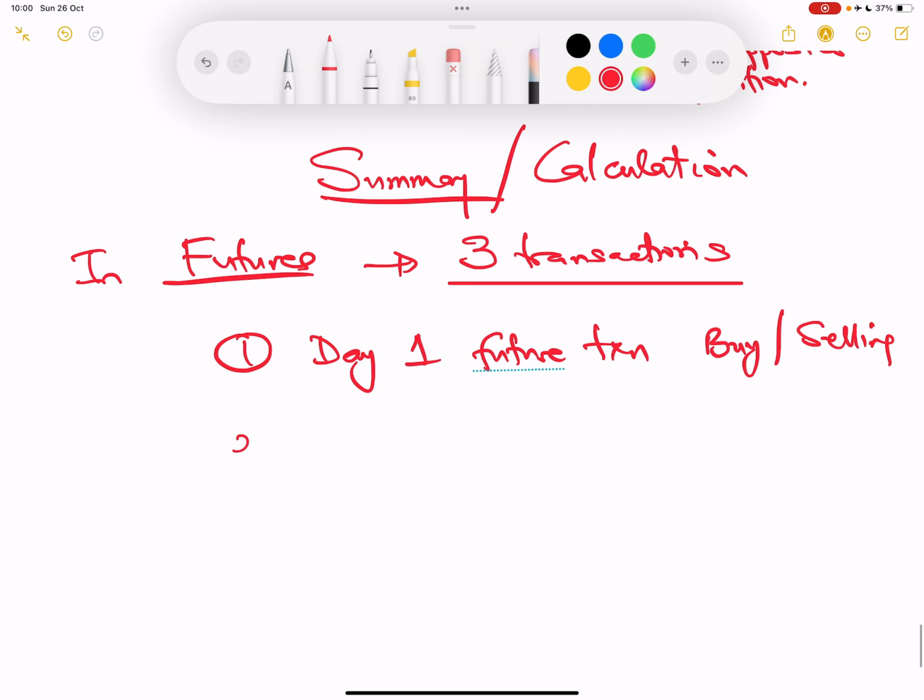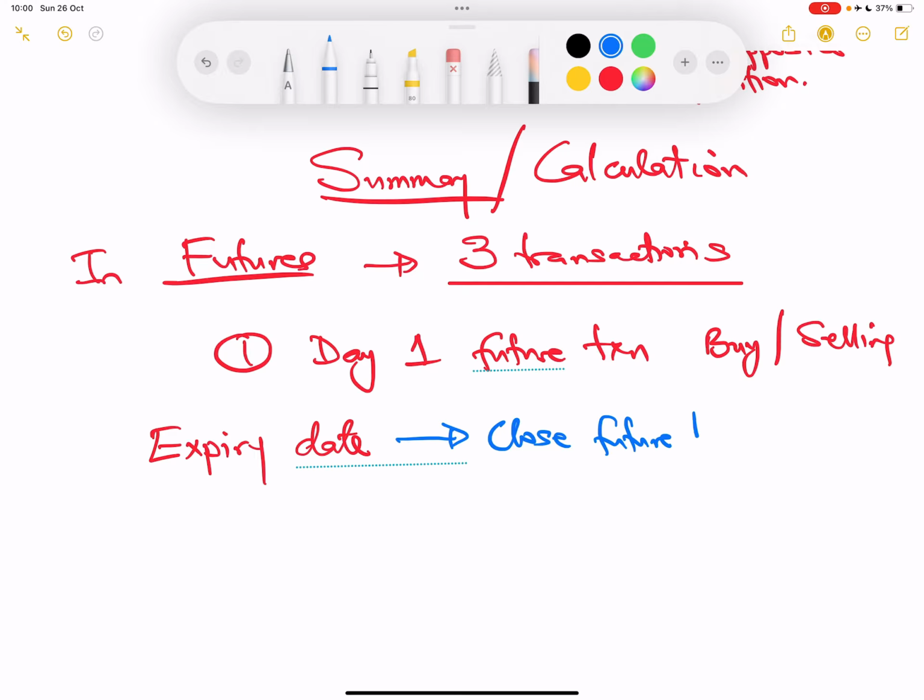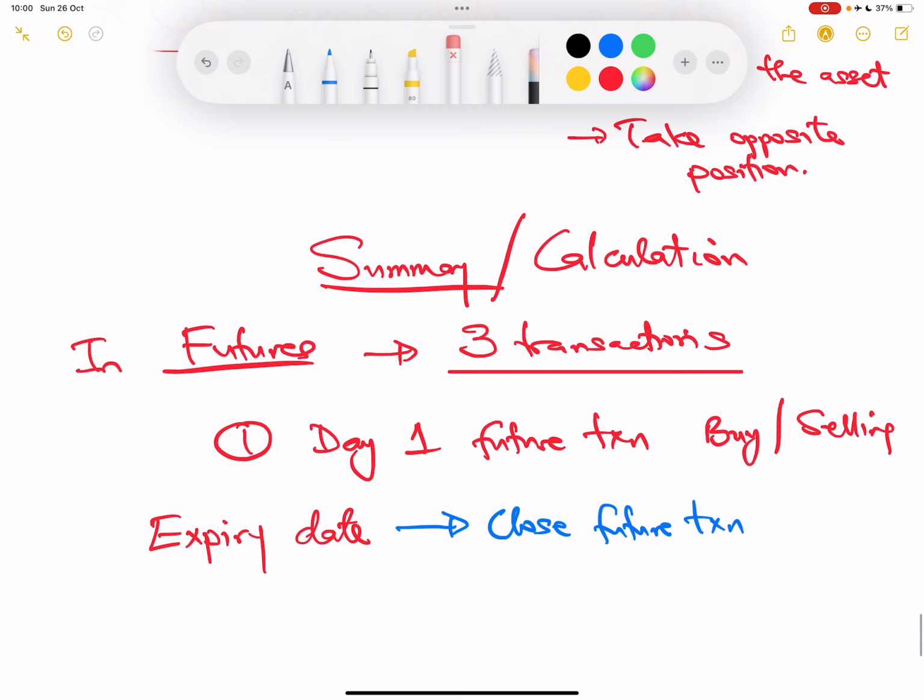Then on expiry date, 2 transactions will happen. The first thing that will happen is the fact that you need to close the future transaction. How do you close it? By doing the opposite. You have to take the opposite of your previous position.